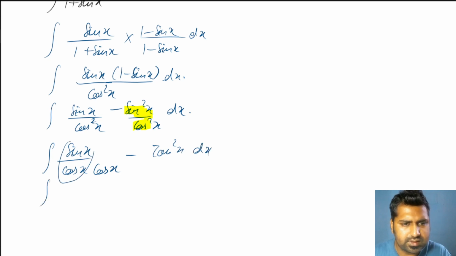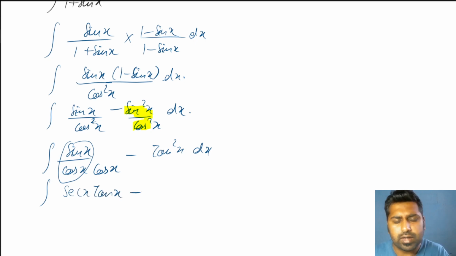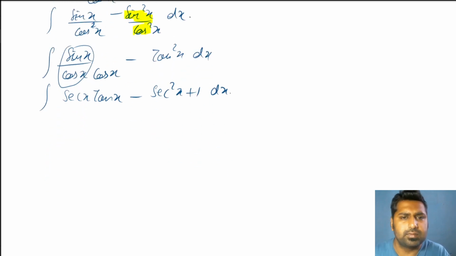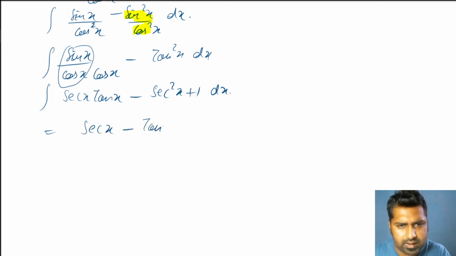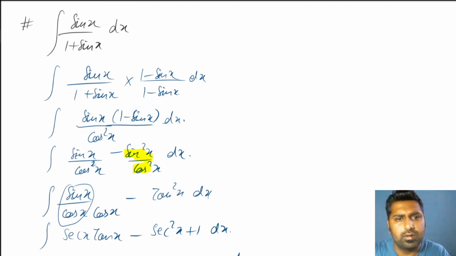So this becomes sine by cos tan, sec x tan x, basically sec x tan x minus tan square. We cannot directly integrate, so we'll do sec square x minus 1. So because of this, the negative sign will change, dx. Okay, so now we can integrate. This integration becomes sec x tan x, integration is sec x, sec square is tan x plus c.